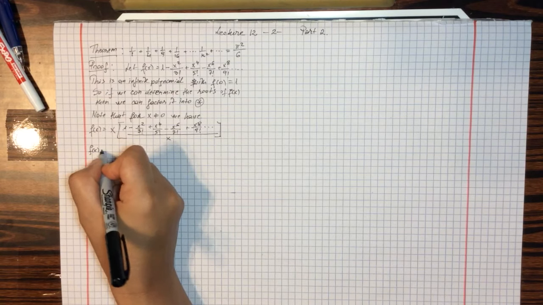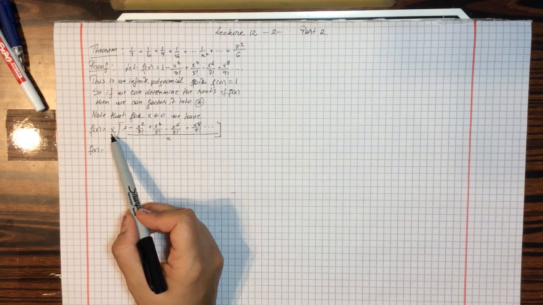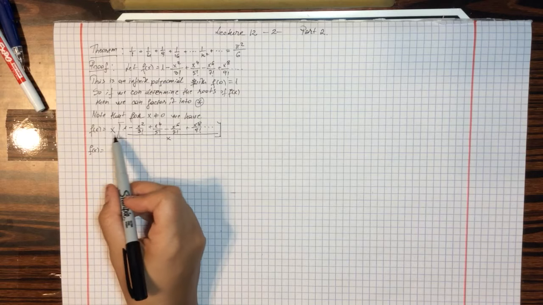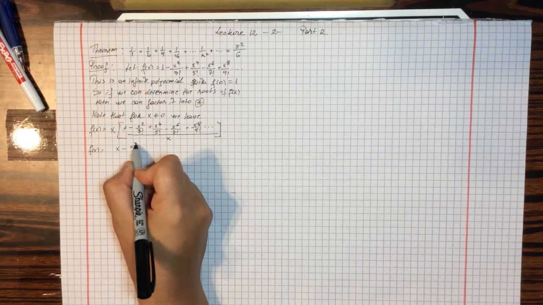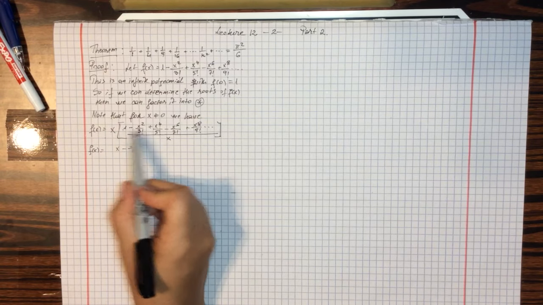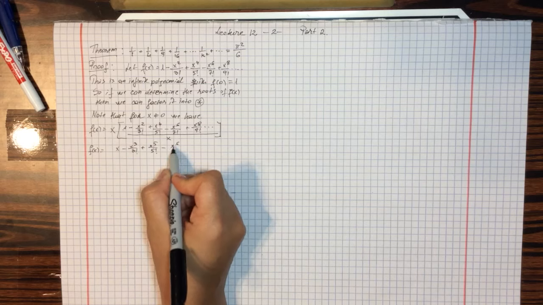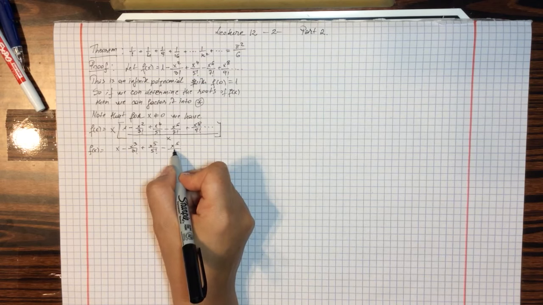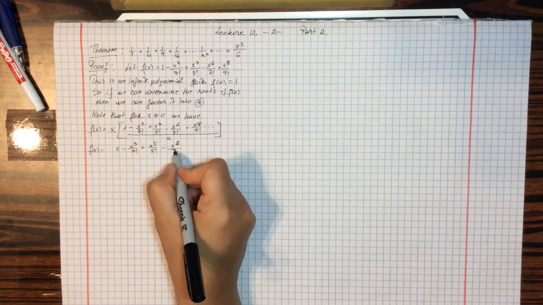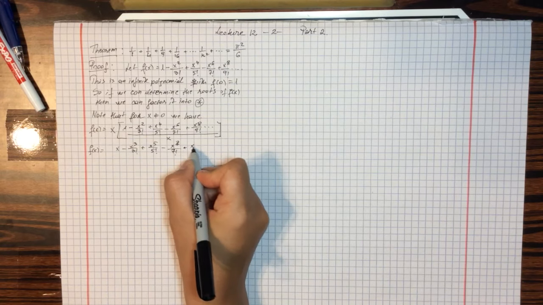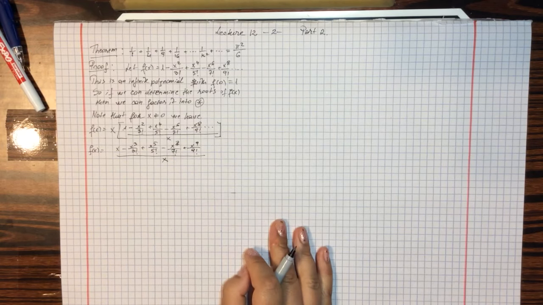So f of x becomes, well, what does it become? You multiply x with everything on the top, and let's see what we get. x times 1 is x. x to the 2 over 3 factorial times x would be x to the 3 over 3 factorial. This is x to the 5 over 5 factorial minus x to the 7 over 7 factorial plus x to the 9 over 9 factorial, the whole thing over x.